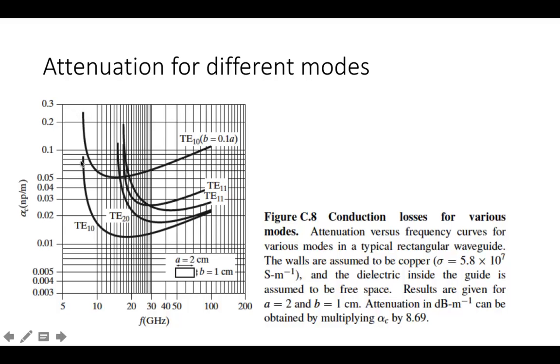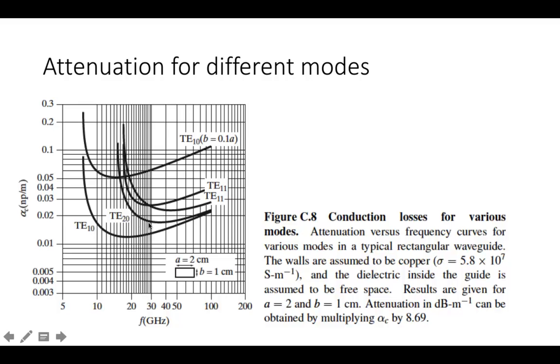As you get to propagating wavelength, the losses drop. They're a minimum here around 20 gigahertz, and then they begin to pick back up. You can see that when you get high enough in frequency, the losses are all quite similar, even though if you look here at the TE11 for this mid-range of frequency, the losses are significantly higher for the higher order modes.